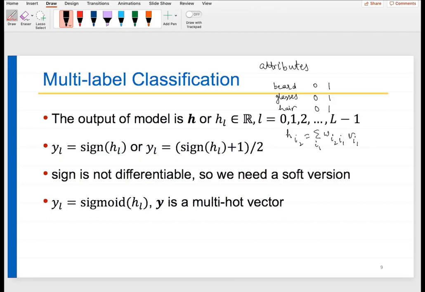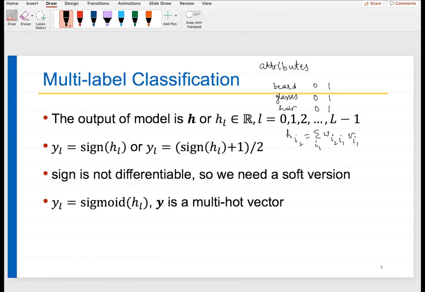This could lie anywhere between minus infinity to plus infinity, but for each label I want it to be either 0 or 1, or plus 1 or minus 1. I could use a sign function. If it is a positive value, I make y 1. If it is a negative value, I make y 0. Or I could say sign plus 1 divided by 2. Which means if it is positive, my y is 1. If it is negative, my y is 0. Same thing. Okay, but again, same problem.